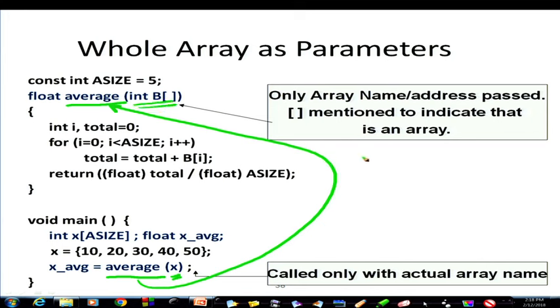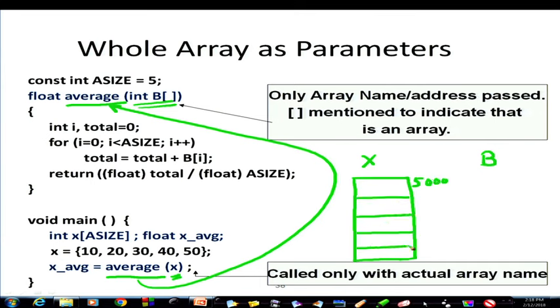So, what is the correspondence between x and b? x is somewhere, suppose starting with location 5000, and there are 5 elements as has been said here, 10, 20, 30, 40, 50.